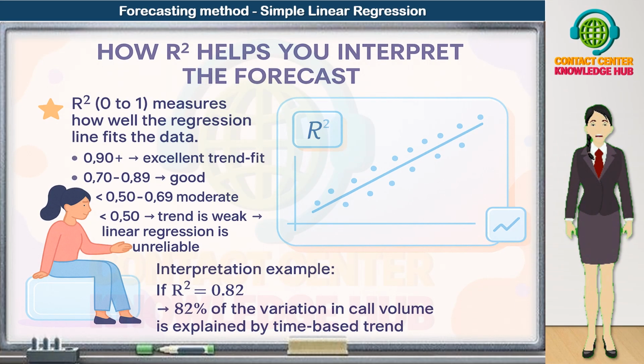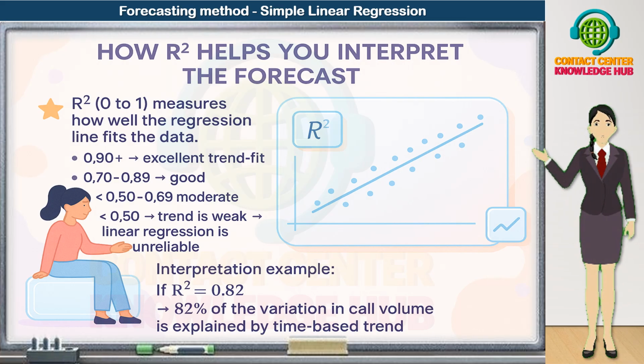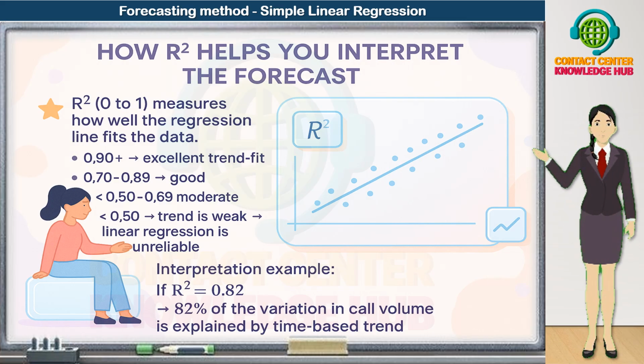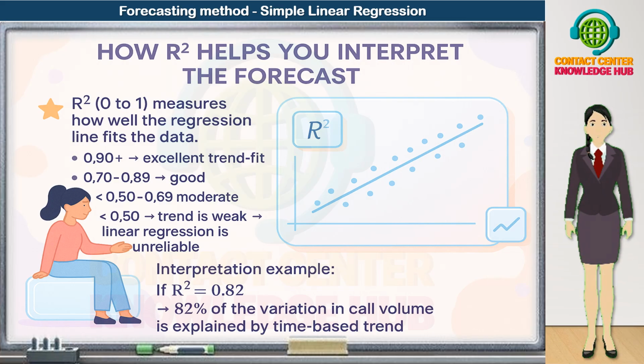Now, let's understand how R-squared helps you interpret the quality of your forecast. R-squared ranges from 0 to 1, and it tells you how well the regression line fits your historical data. A value above 0.90 indicates an excellent trend fit. 0.70 to 0.89 represents a good fit. If it falls between 0.50 and 0.69, the trend fit is moderate.